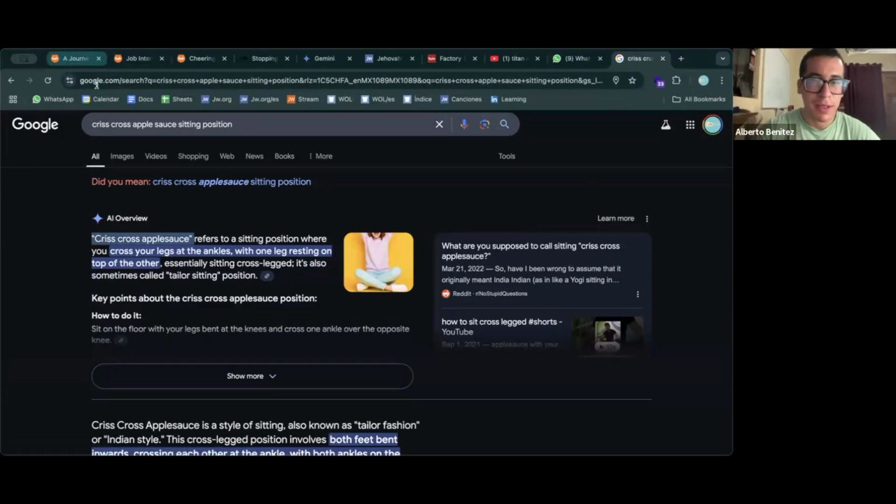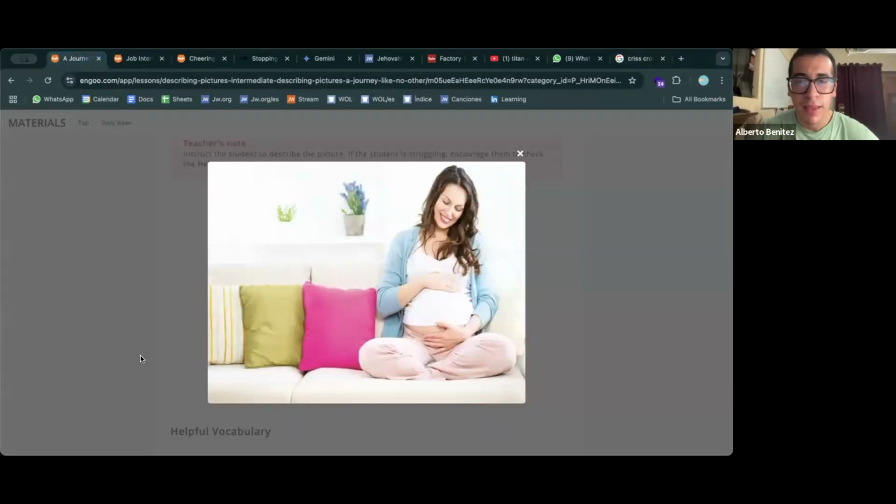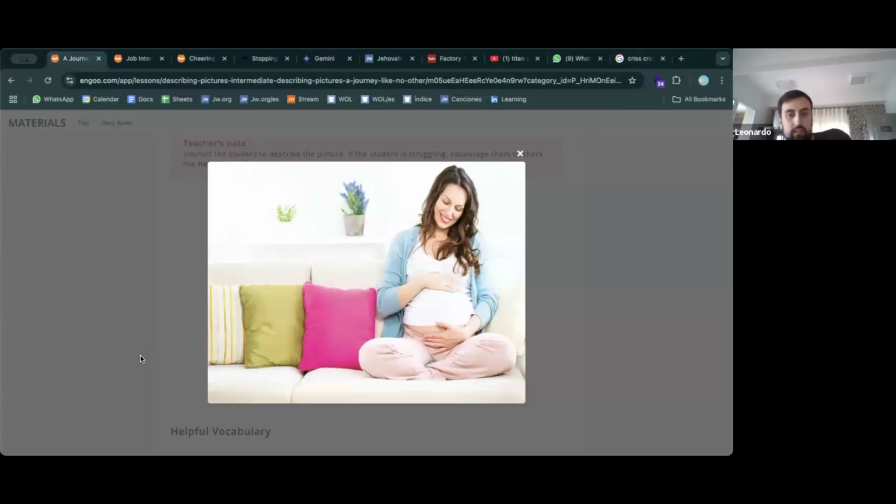Okay, so let's go back here. So she is sitting on a sofa. We can see one, two, three, I don't know the name of these. The pillows. Yeah, three pillows.